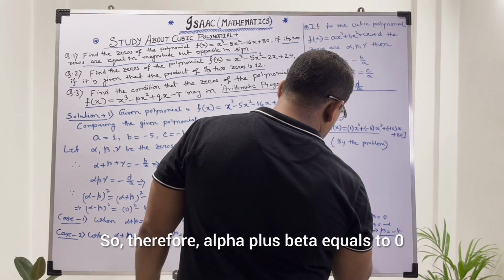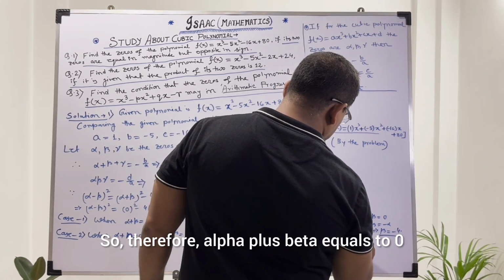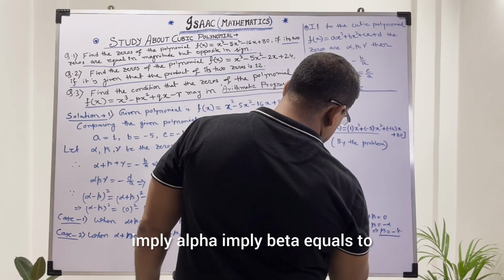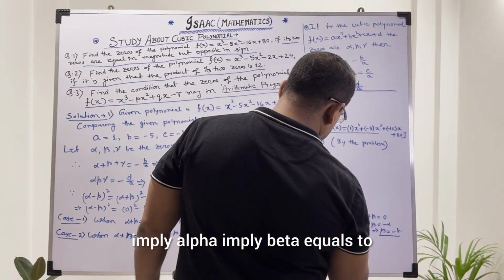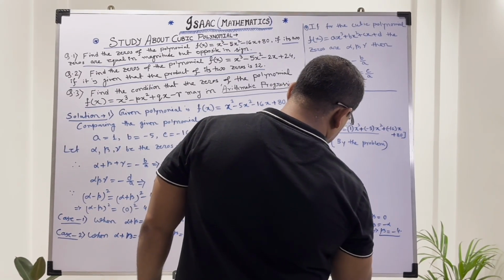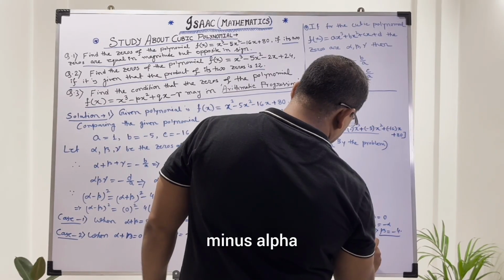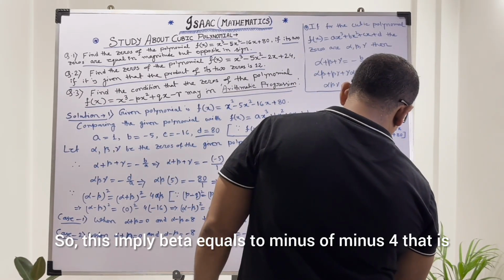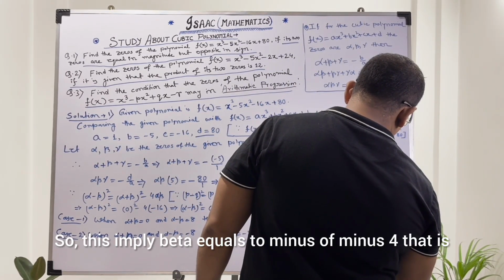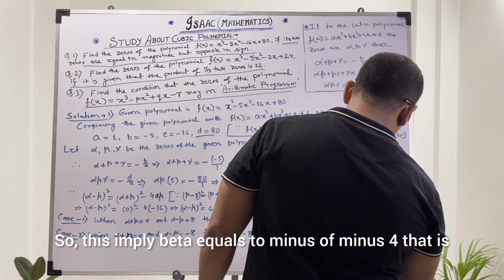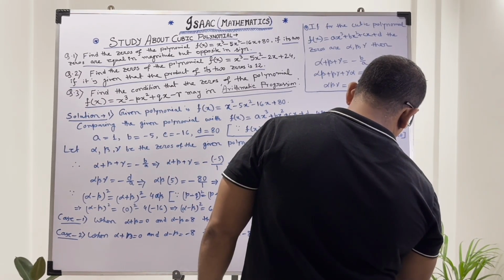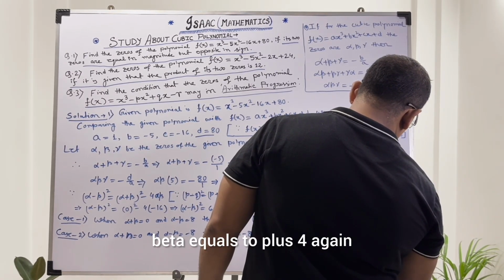So therefore alpha plus beta equals 0 implies beta equals minus alpha. So this implies beta equals minus of minus 4, that is beta equals plus 4.